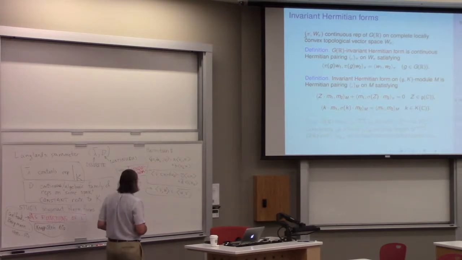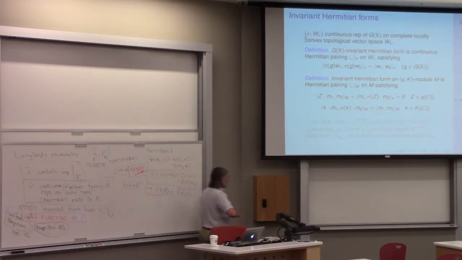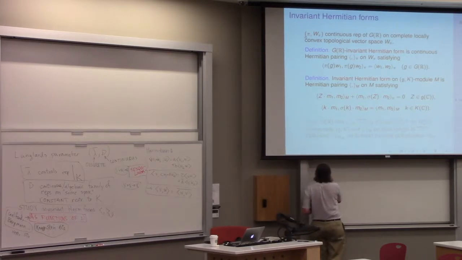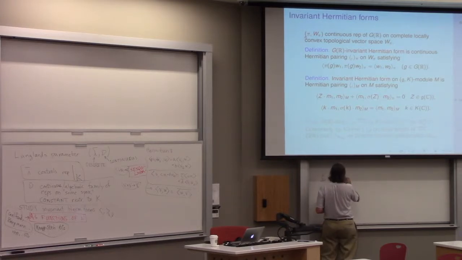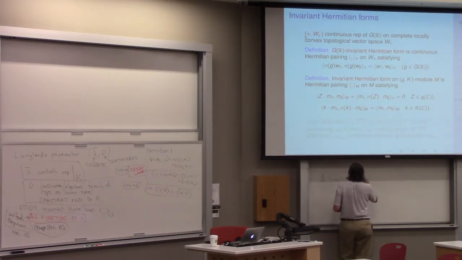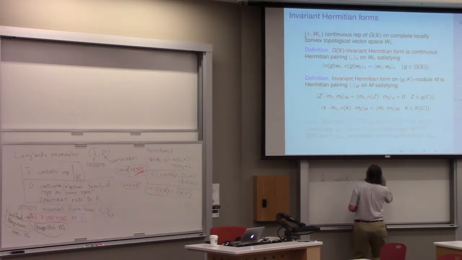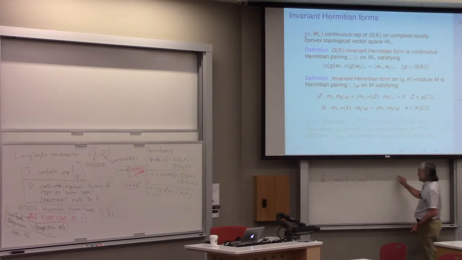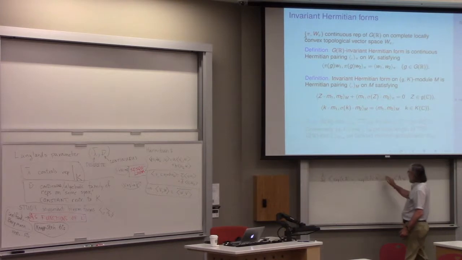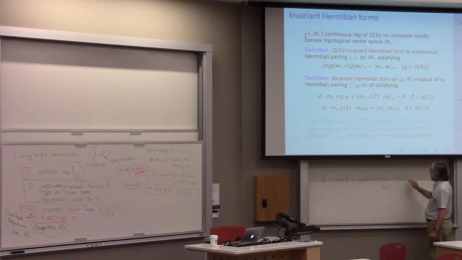how do I say it? I'll just write something stupid. The derivative of something like this is going to be, at t equals 0, AVW plus VAAW.